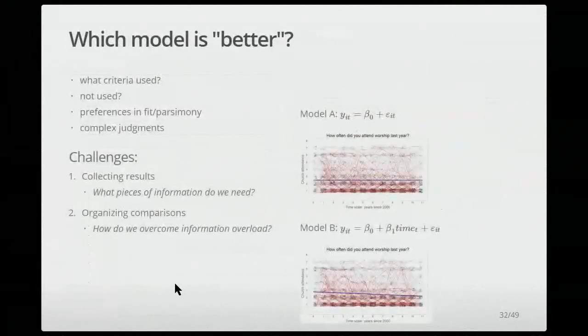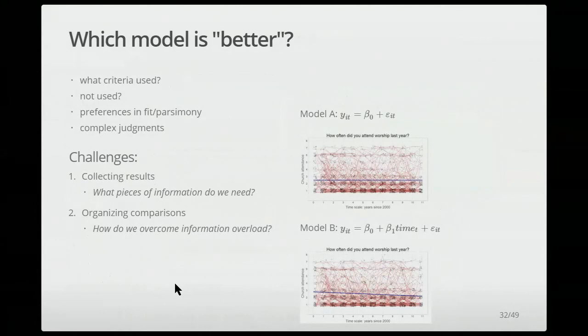So which model is better? Of course, you've sensed the trap here. We need to understand what criteria we would like to use to evaluate the models, and also what criteria we do not want to use. We also may have different preferences in the fit and parsimony tension.